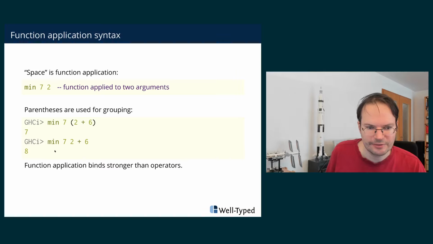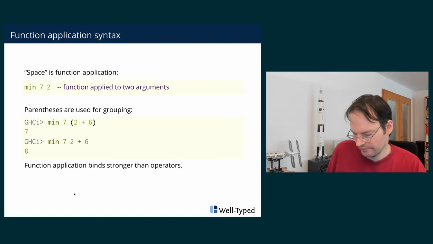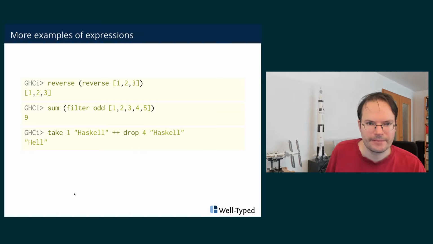So if we have an expression such as this, then the parentheses are implicitly around this part. So we would compute the minimum of 7 and 2, which is 2, and then add 6 to it, which is 8. Right? So function application binds stronger than operators. That is a good rule to keep in mind.